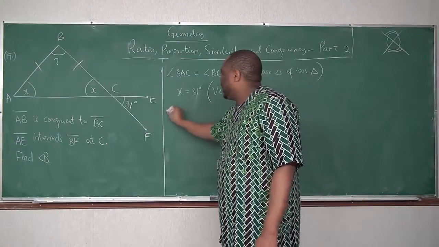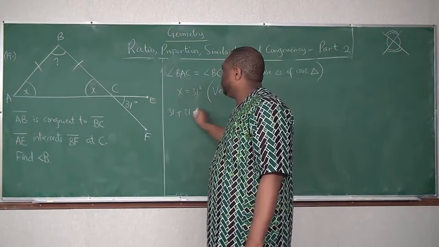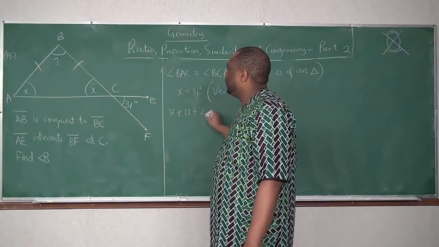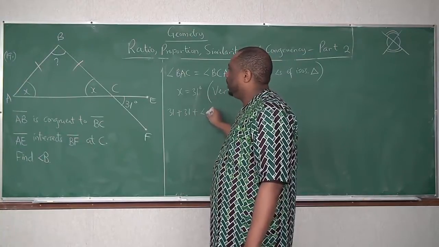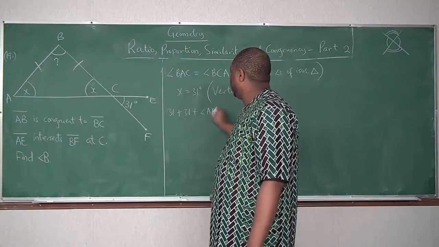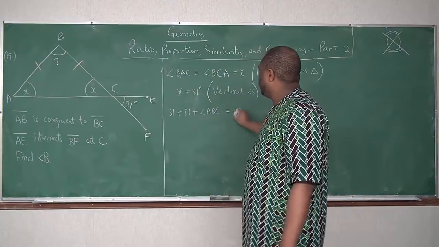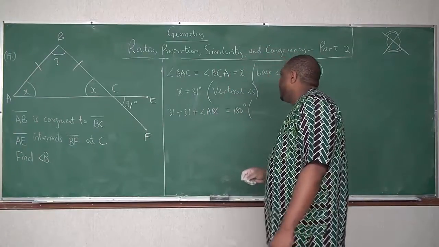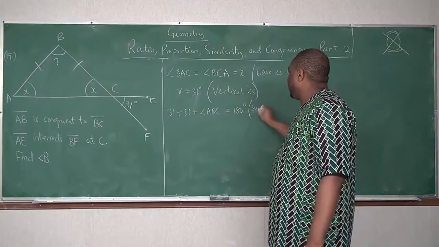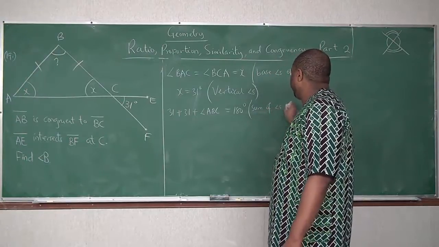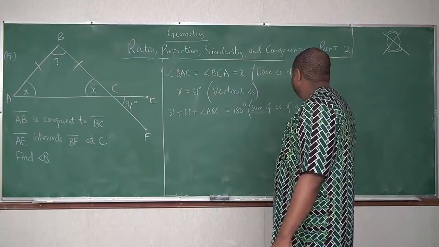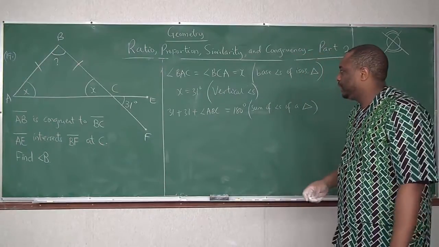Now we see that 31 plus 31 plus angle B, you can call it ABC, equal to 180 degrees. Reason, sum of angles of a triangle. Okay?